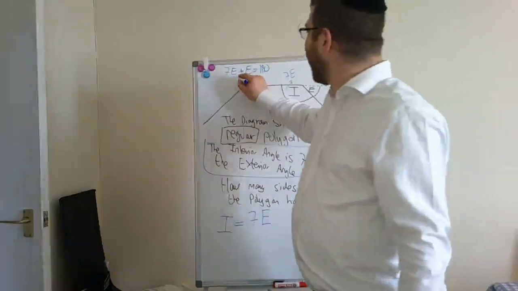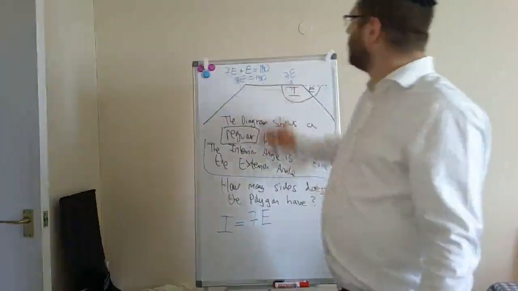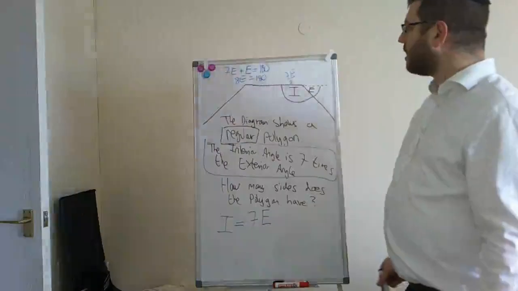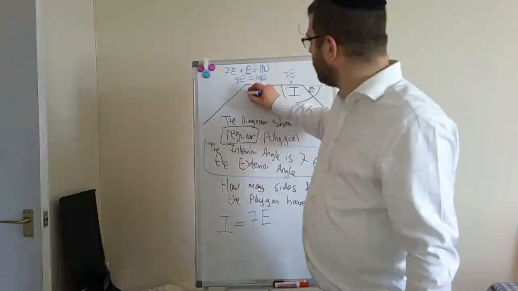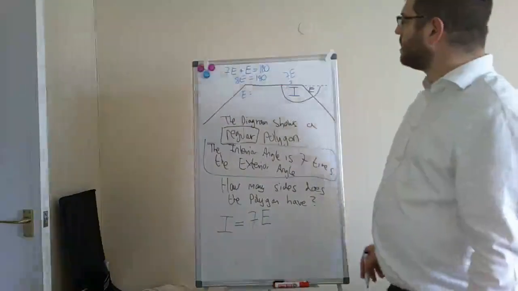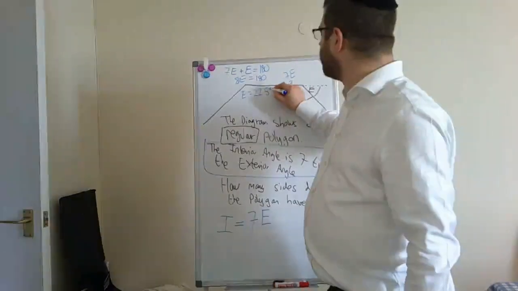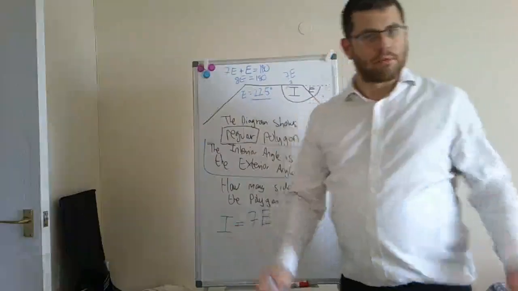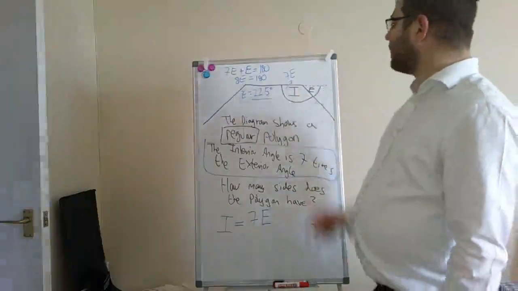So this becomes 8E is 180, which means that E is going to be 22.5. Don't be alarmed if you get decimals as exterior angles. Not a problem. So the exterior is 22.5.